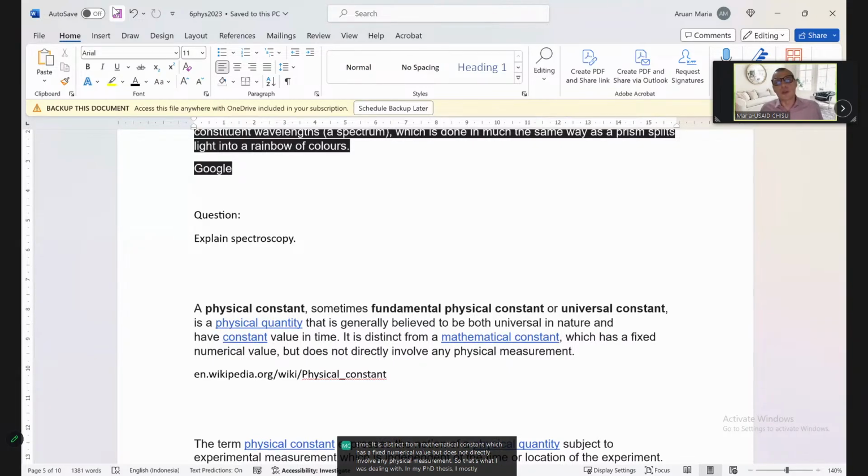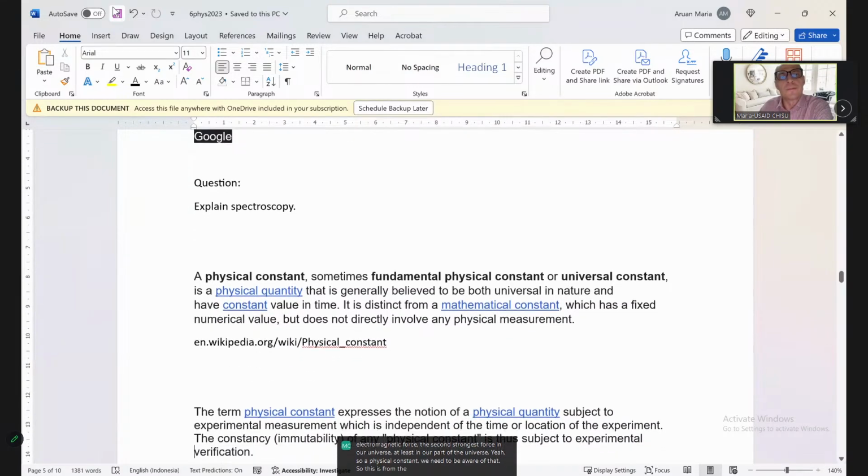I mostly have been dealing with the fine structure constant alpha. It's 1 divided by 137 approximately, and it shows that the strong force is approximately 137 times stronger than the electromagnetic force, the second strongest force in our universe, at least in our part of the universe. So we need to be aware of physical constants. This is from Wikipedia.